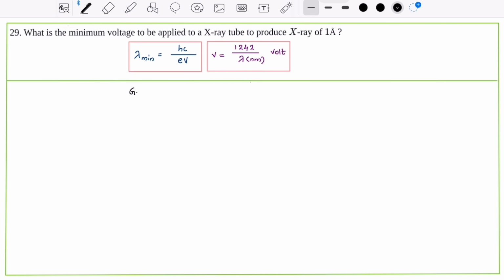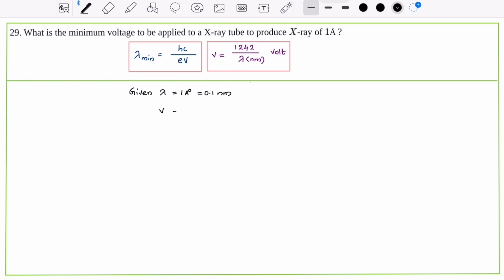It can be simplified to lambda in nanometer is equal to 1242 by V. It is given that lambda is equal to 1 angstrom, that is equal to 0.1 nanometer.